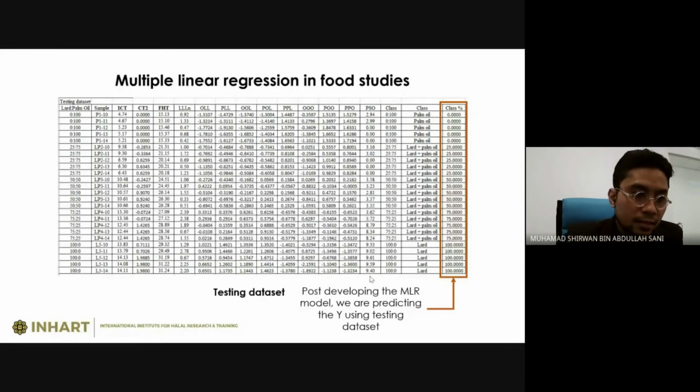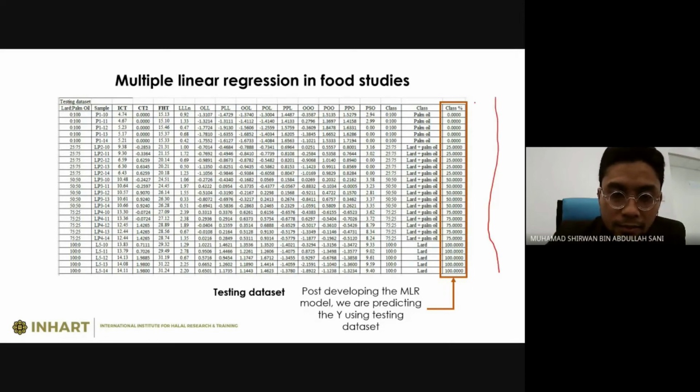So this is the testing data set. Here we already know the percentage of contaminant. We want to check how much the model predicts for the percentage of contaminant. It will create a result, so we need to compare between the one that we prepared and the one that was predicted.